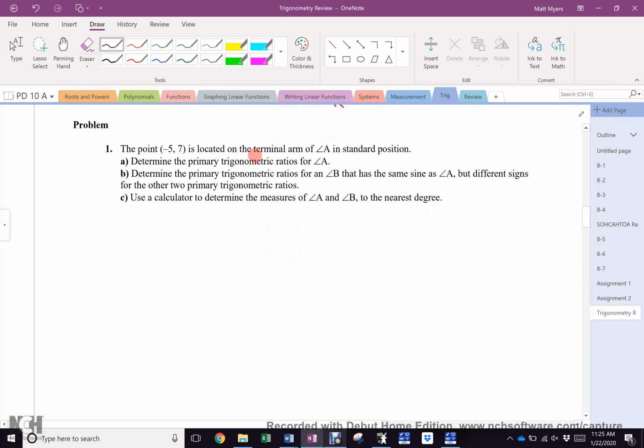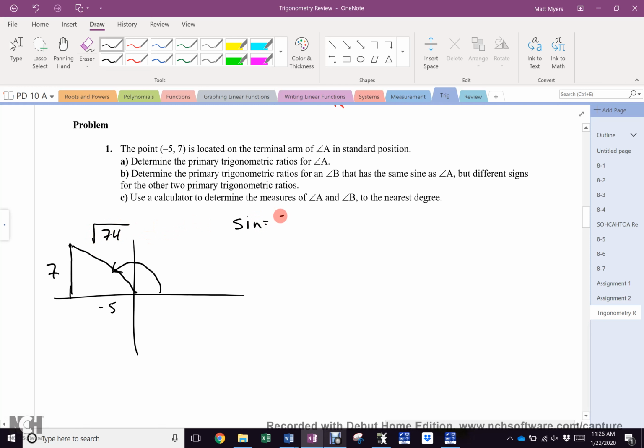All right, 5, 7, negative 5, positive 7. That is A. So sine equals, this is the root of 74.